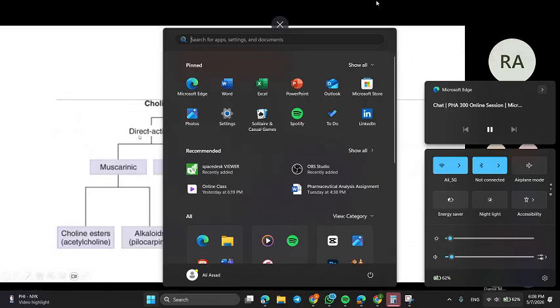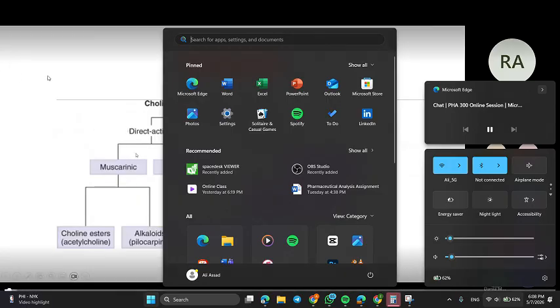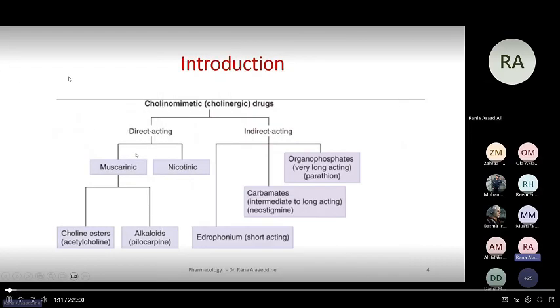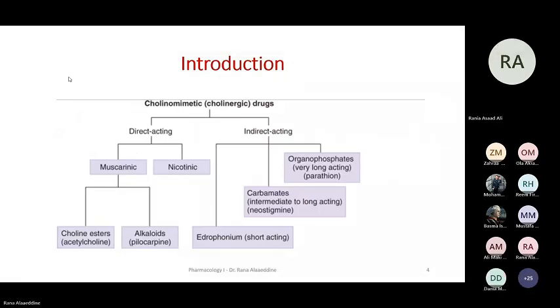Direct acting acted directly on the receptors, and indirect acting were the ones that acted on the enzymes that broke down acetylcholine. Today we're going to mainly focus on the direct acting.